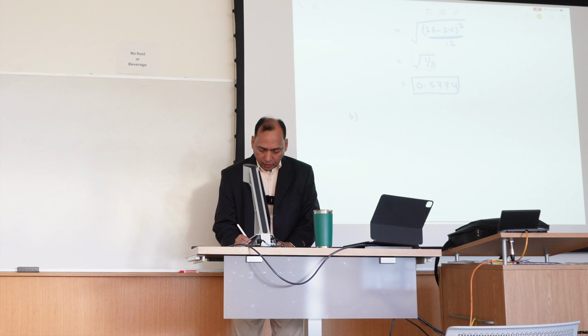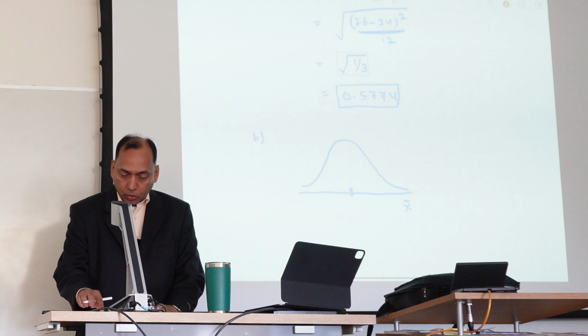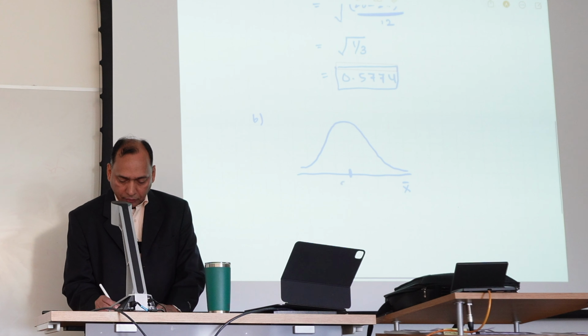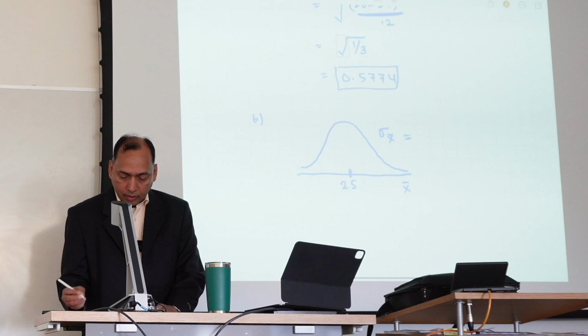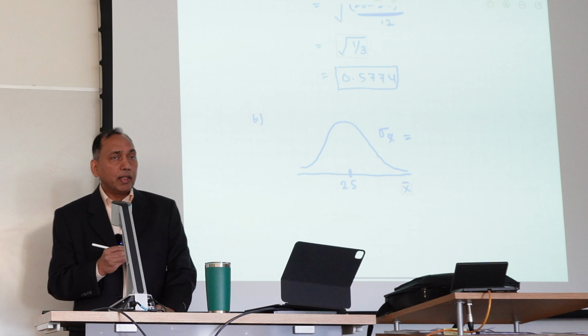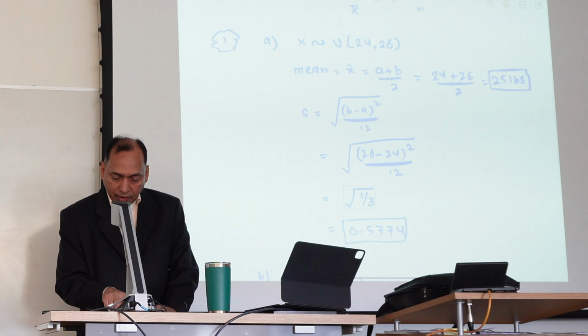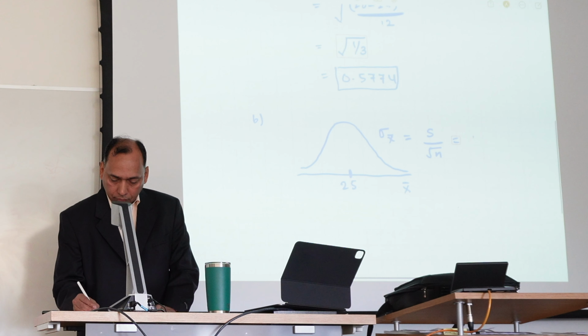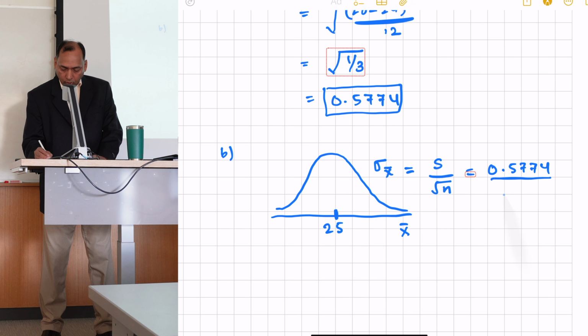I will make this picture for x bar. So average is not going to change. Average is 25 pounds. So that remains 25. Sigma of x bar is the standard deviation of individual values divided by square root of n. You calculated standard deviation. So let me write down, this is s divided by square root of n. 0.5774, and then square root of n.